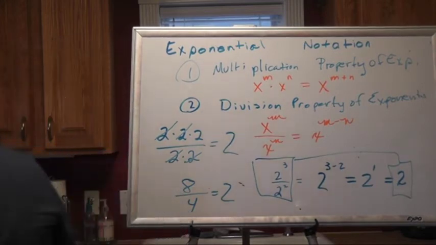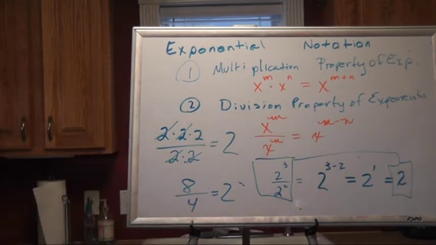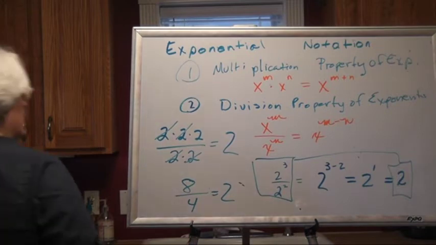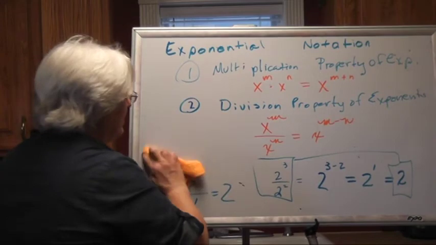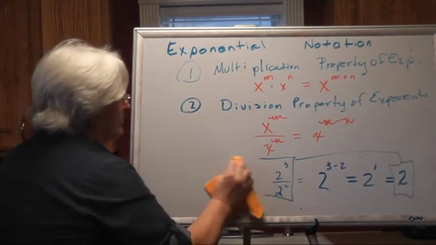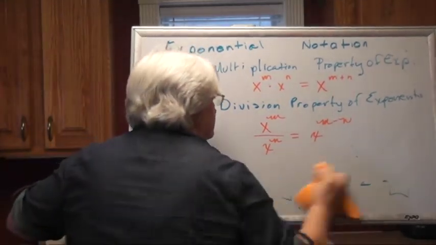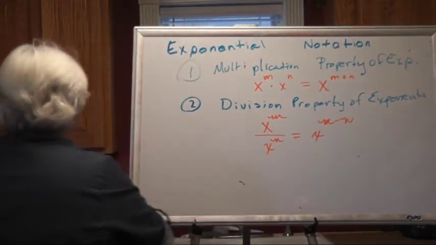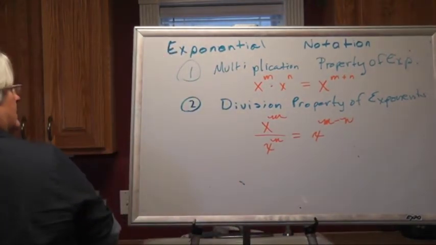The final property that we have to talk about is the power property, and then I do want to mention the zero property as well. So we have the power property of exponents.